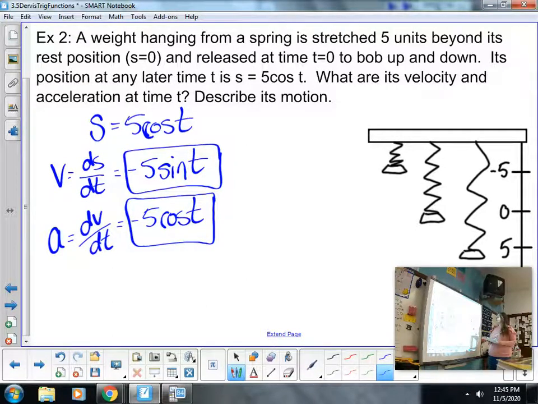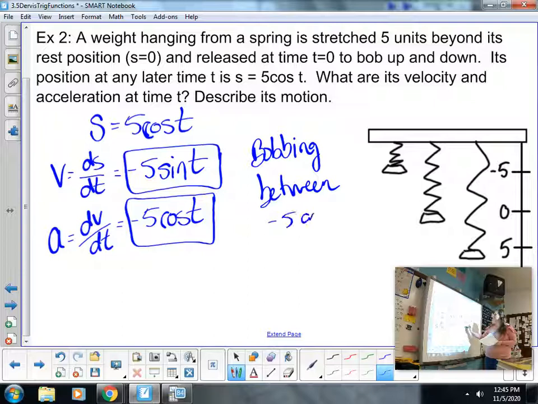Now, this is one of those perfect world math type questions because there's no force acting on the spring other than the initial force where you're pulling it down. We're not worried about friction. We're not worried about it eventually coming to a stop again. So this is just going to keep bobbing between negative 5 and 5.